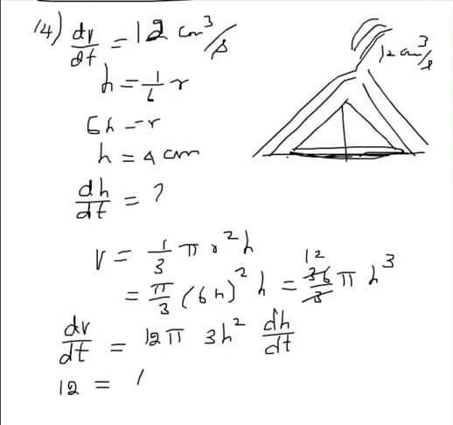This is 12 pi times 3 into h is 4, 4 square 16. dh by dt we don't know, that's what we are going to calculate. 12 gets cancelled. So dh by dt is 1 over 48 pi.